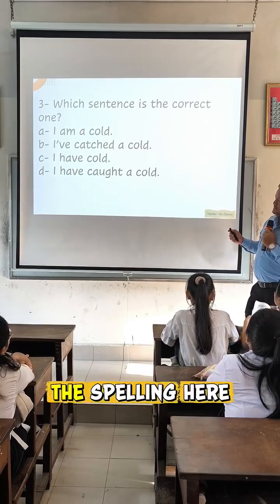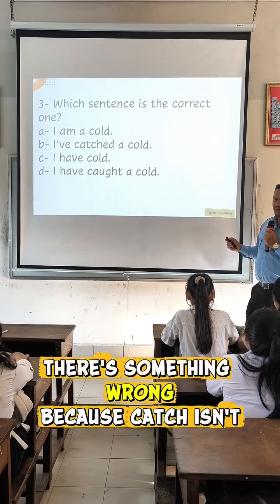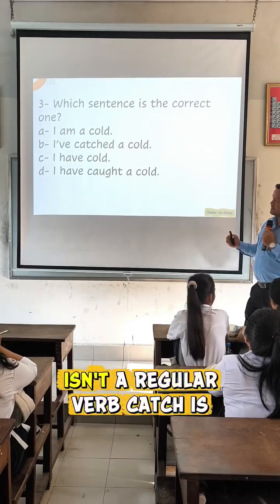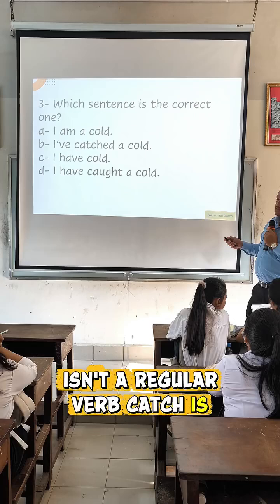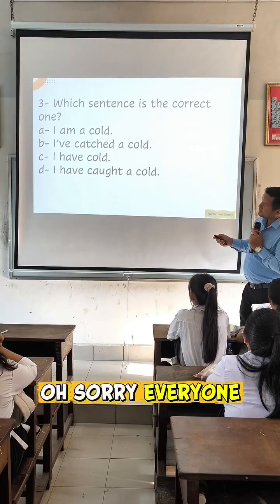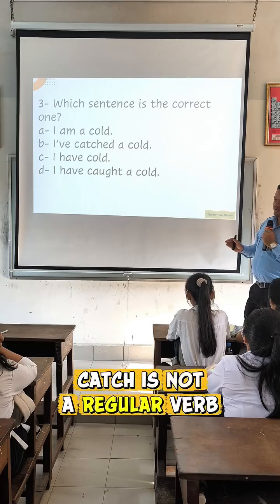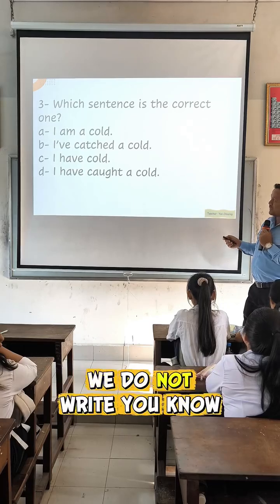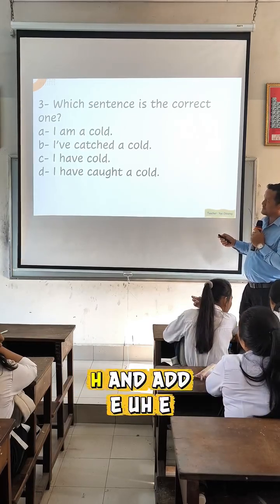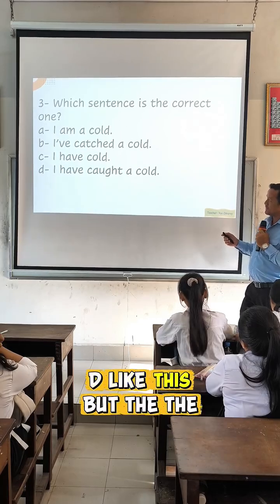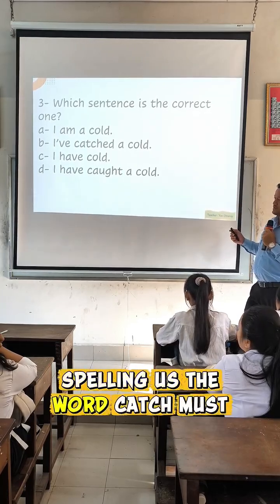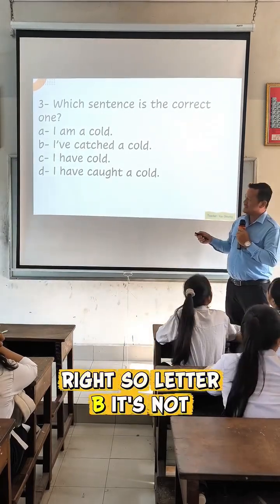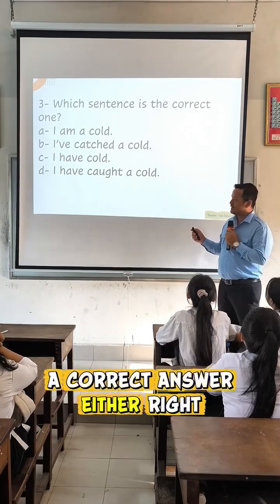There is something wrong with the spelling, because catch is not a regular verb. We do not write catch and add ED like this. The spelling of the word catch must change to caught. So letter B is not the correct answer either.